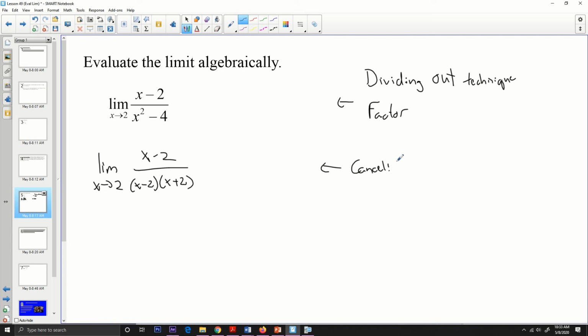And we want to note we are creating a new function that is similar to the old function.